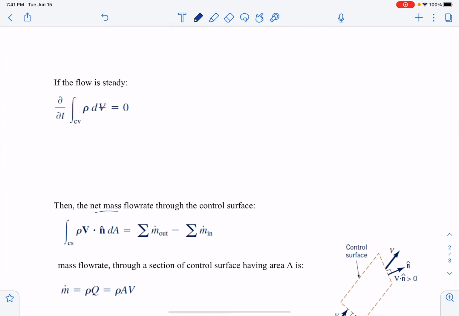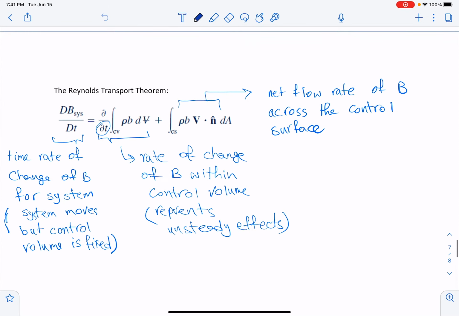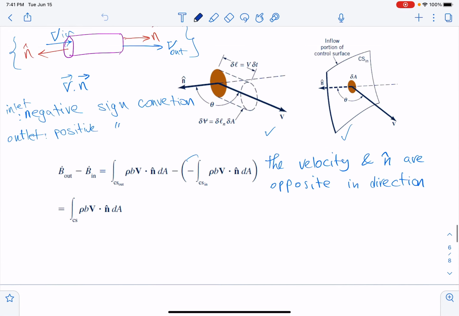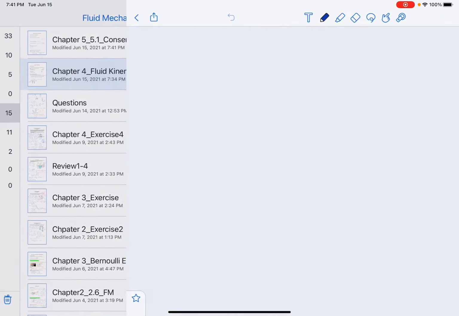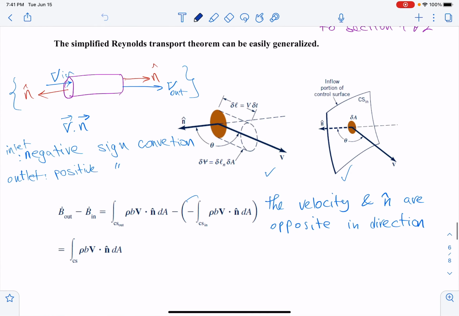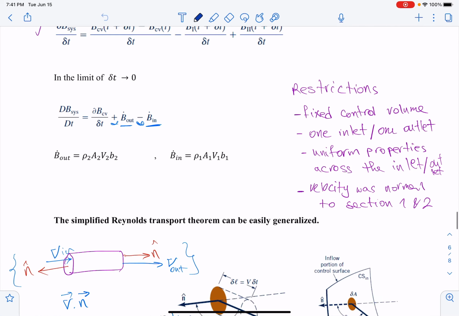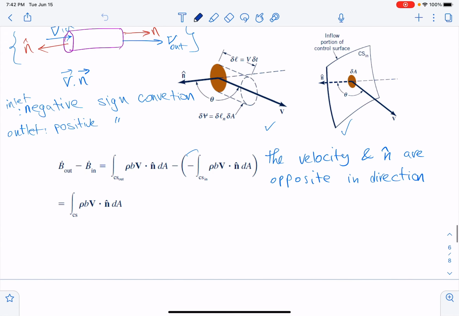Also, this is the formula that we have for flow rate, and I'm using again the Reynolds transport theorem, and let me see, where is it? Yeah, it's right here.